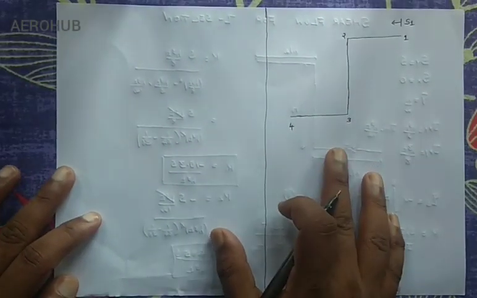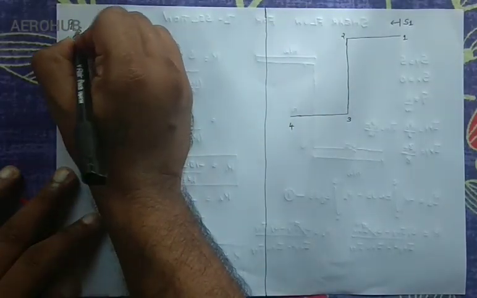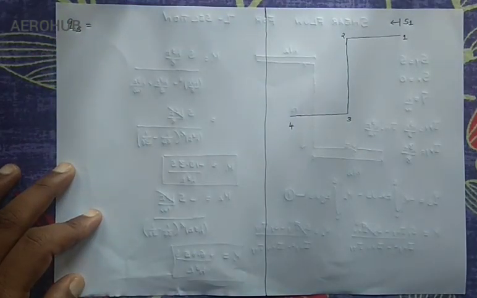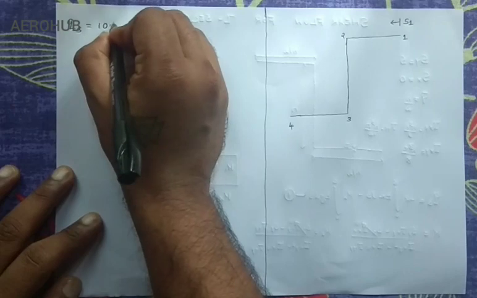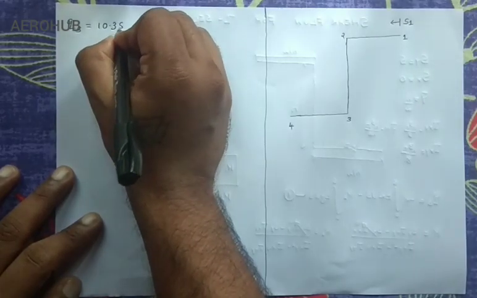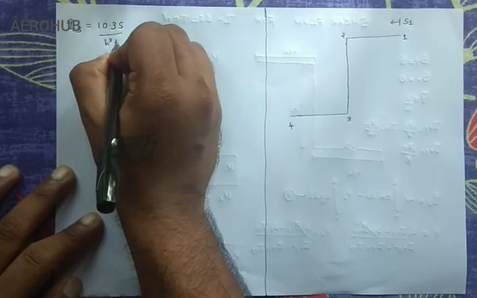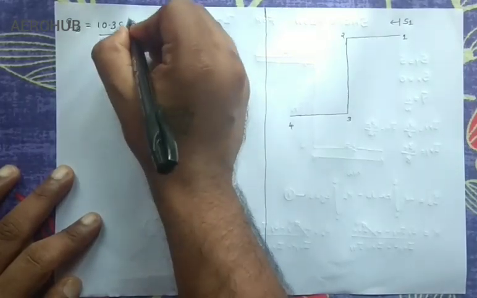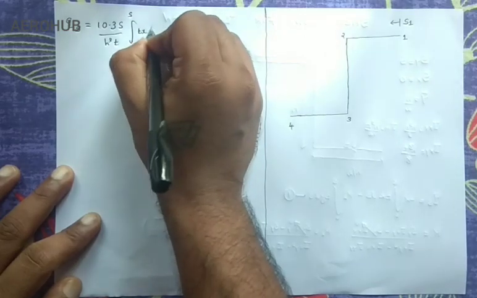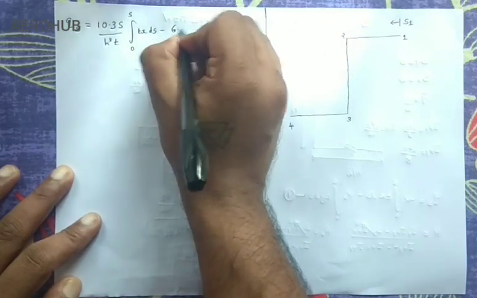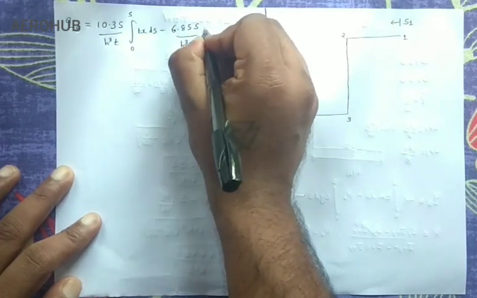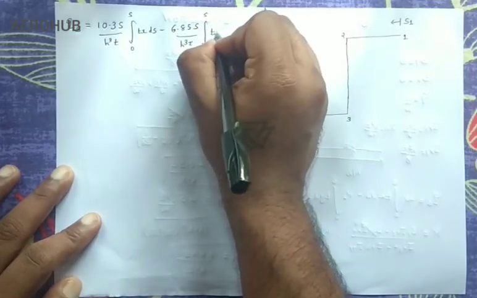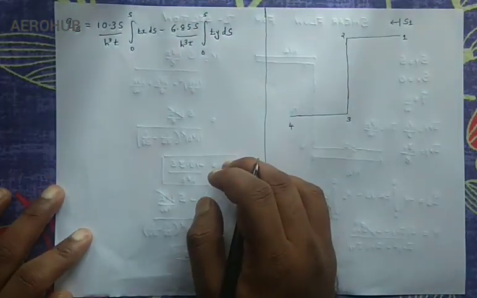So qs is equal to plus 10.3 S by h cube t integral 0 to s of t x ds, minus 6.85 S by h cube t integral 0 to s of t y ds.